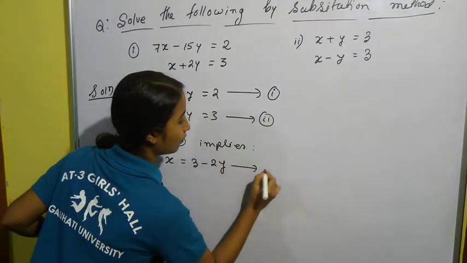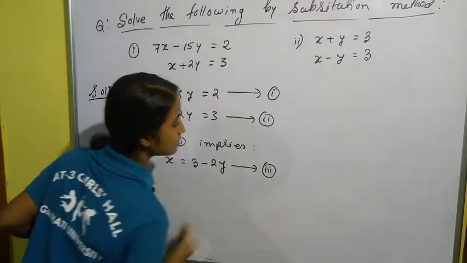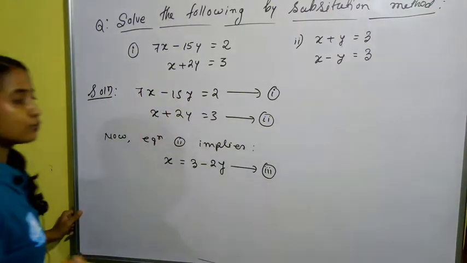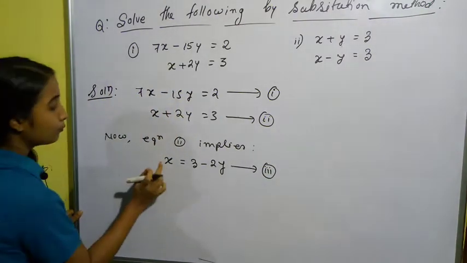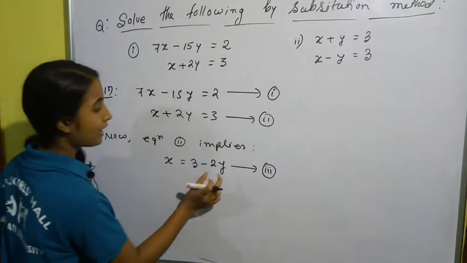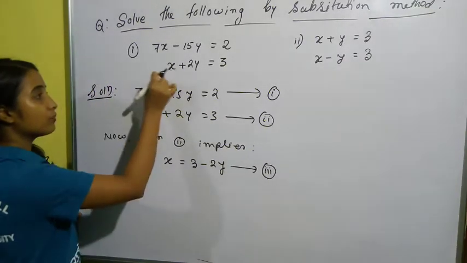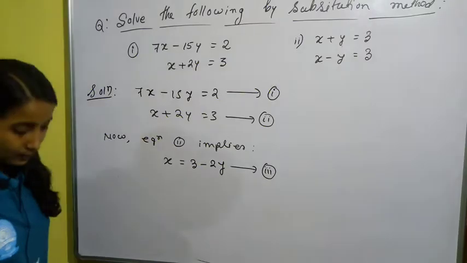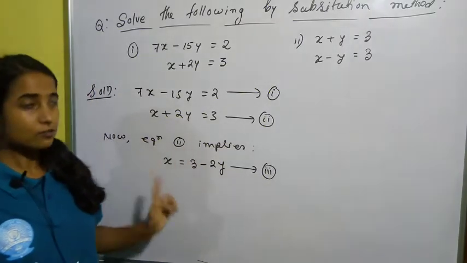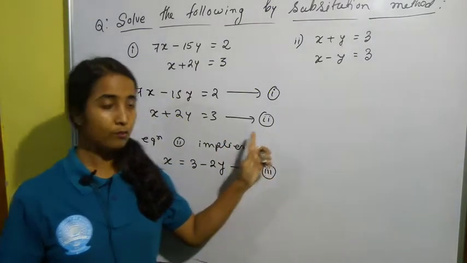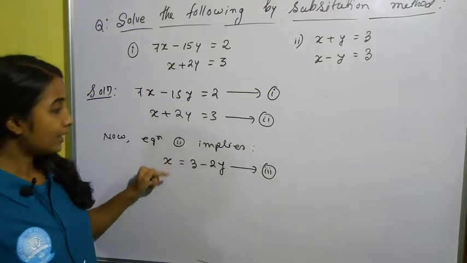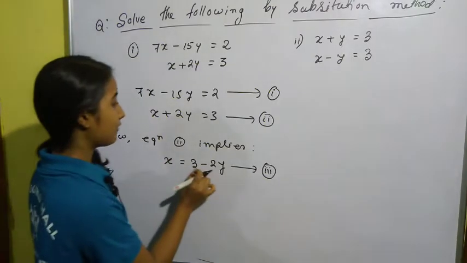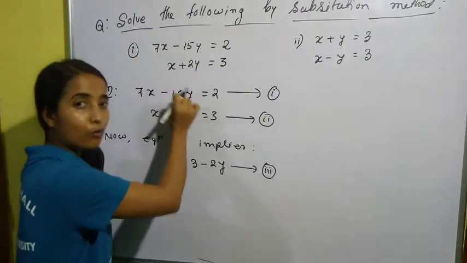So I am numbering this equation as equation number 3. Now put this value of x in equation number 1. See, if you take equation number 2 first of all, then put this value of x in equation number 1.